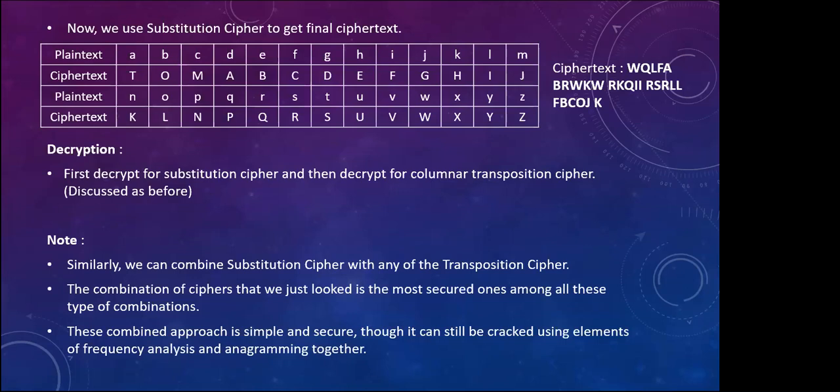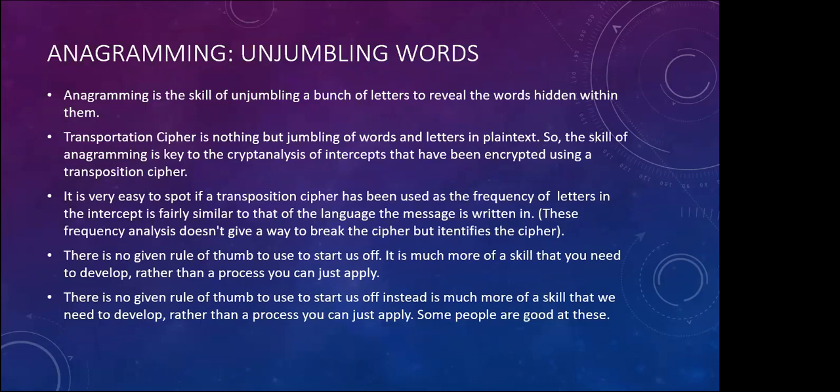Similarly, for the transposition ciphers we have, rather than a method, a skill which we use to identify the patterns used in the transposition cipher. That one is called anagramming. It's nothing but unjumbling the words.